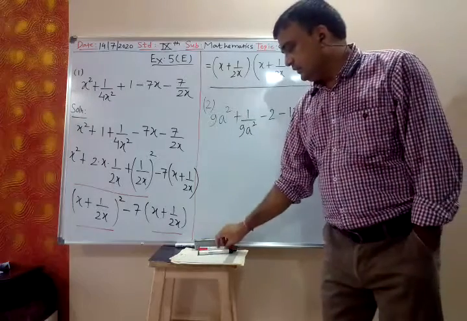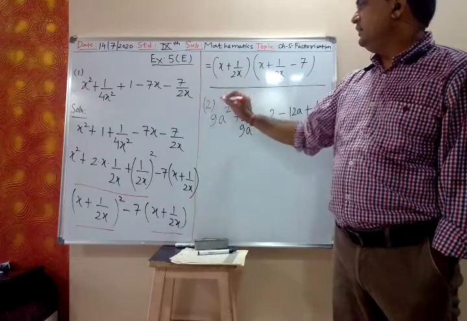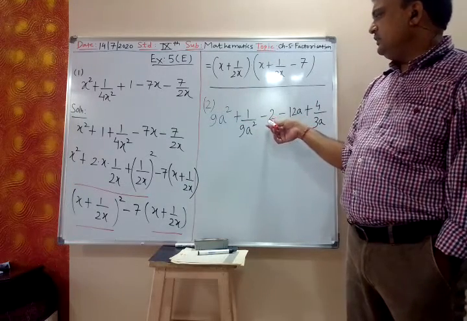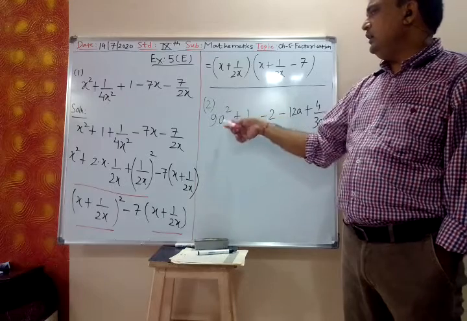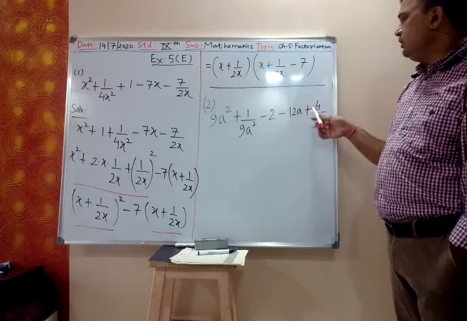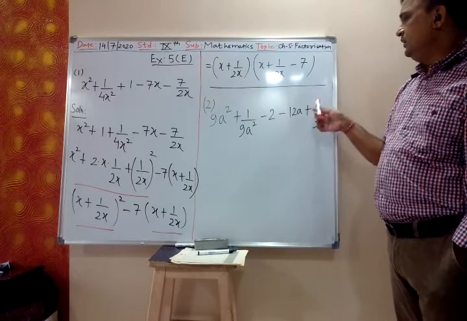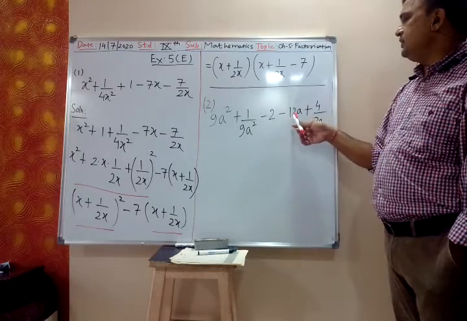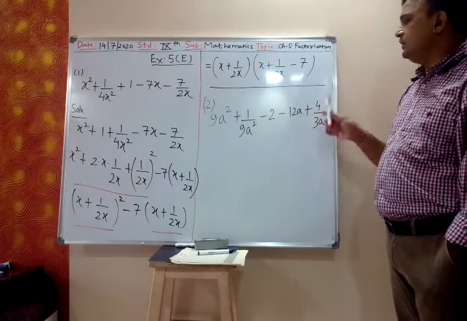Let me give the second. In the same way, you will write minus 2 as minus 2 into 3a into 1 upon 3a. Then 12a and 4 upon 3a, you will take 4 common, 12 and 4. 4 is common, then it is 3a minus 1 upon 3a.